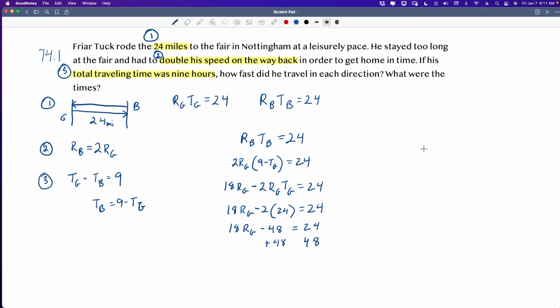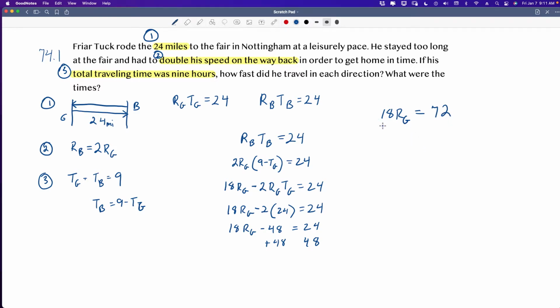I'm going to put that up here because I'm starting to lose room. So 18 RG is equal to 72.